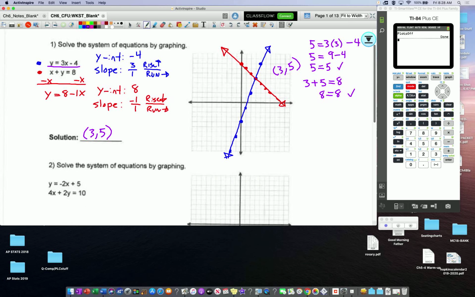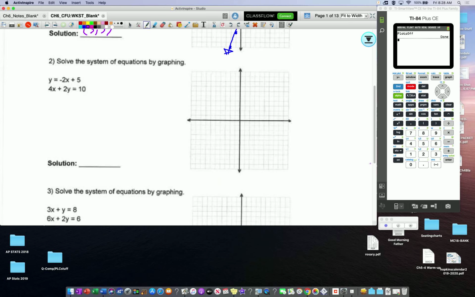All right, let's take a look at number 2. Keep on doing my process here. I'll do the first one in blue. This one's nice, y is all by itself. My y-intercept is 5. My slope is -2, and I put -2 over 1.